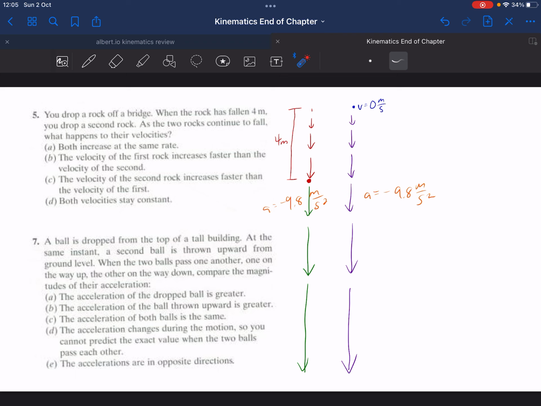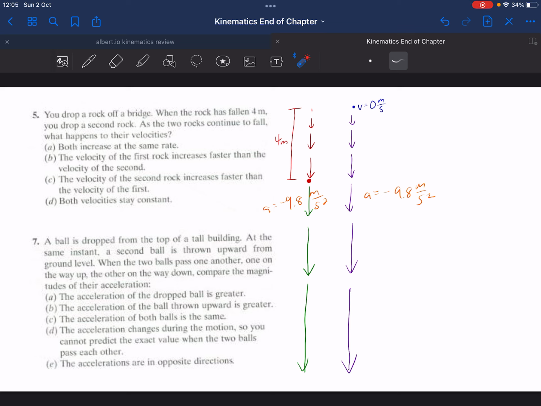Okay, so this choice says the velocity of the first rock increases faster than the velocity of the second rock. C says the velocity of the second rock increases faster than the first. So B and C are kind of saying the same thing. They're basically saying that one of them is falling faster.